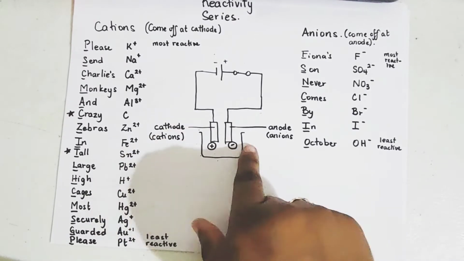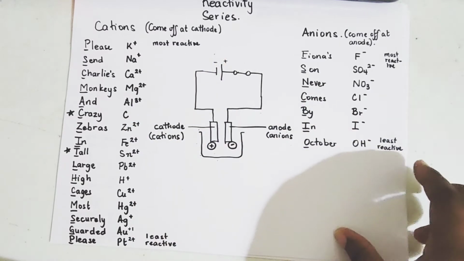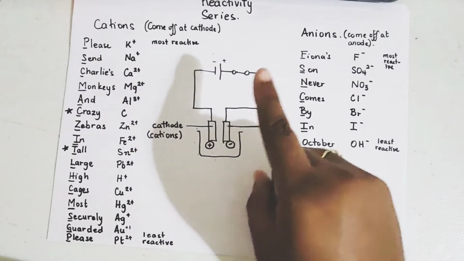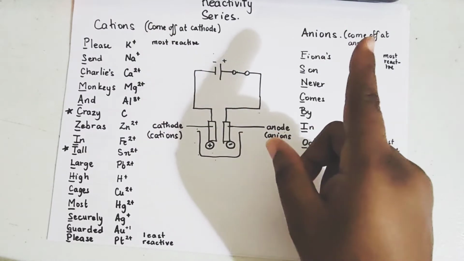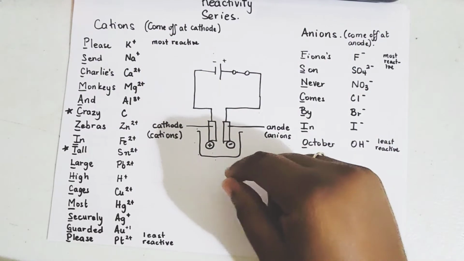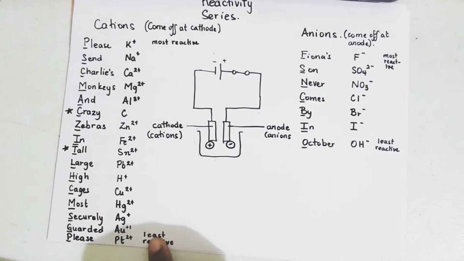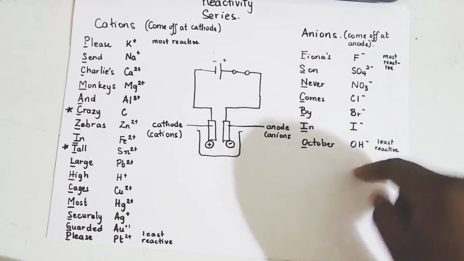I have a little drawing here, so don't forget. And here's another thing: when it comes to electrochemistry, the ions that come out first are those that are least reactive. They're willing to give up and take on electrons easier than those at the top.